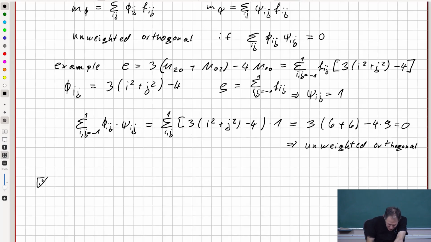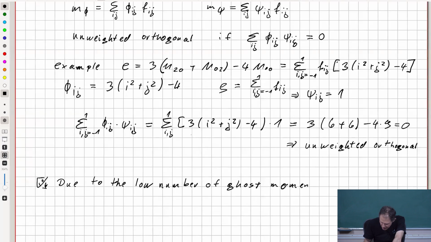The advantage here in 2D is that, due to the low number of moments, or rather of ghost moments, that you have in 2 dimensions, orthogonality actually has very little effect in either direction.